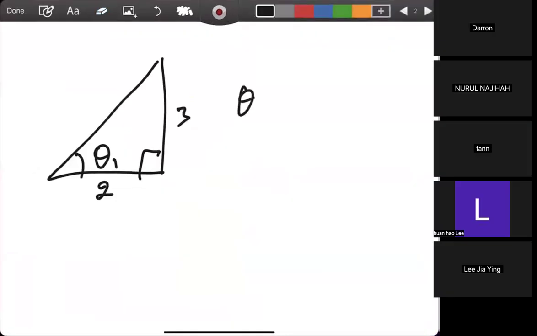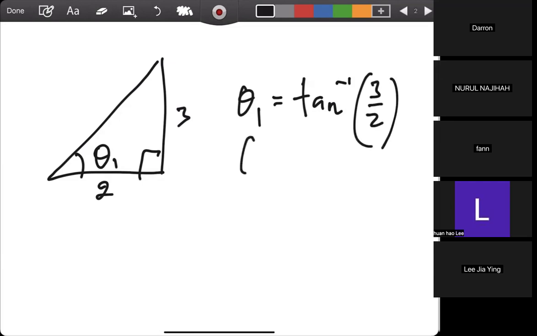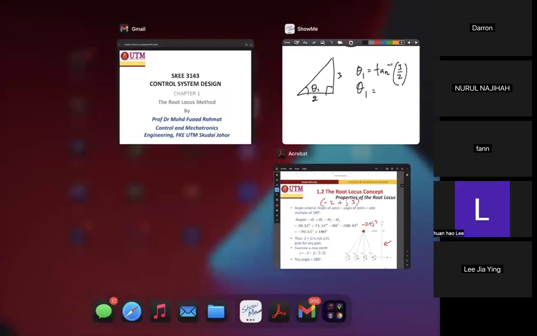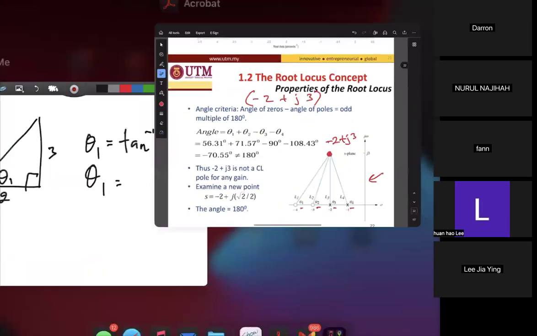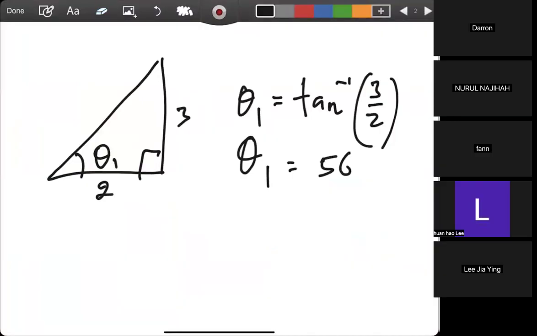So, Guru Najihah, what is the degree? 56.31.